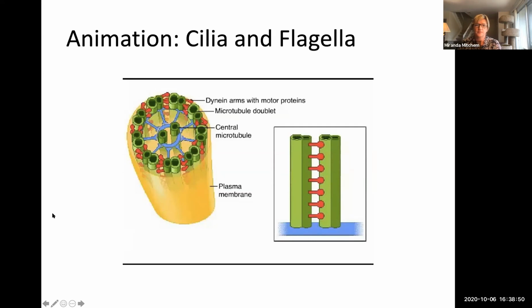Flagella, or singular flagellum, and cilia, or singular cilium, are microtubular structures that extend outside some cells and that assist in moving the cell or the cell's surroundings. Flagella are much longer than cilia. When a cell has cilia, their number is large, whereas a cell will have few flagella, or a single flagellum.